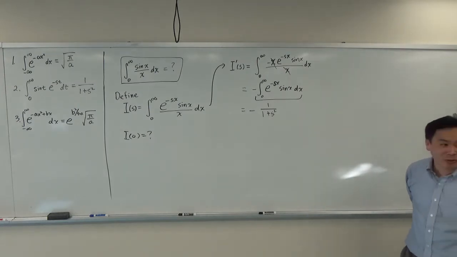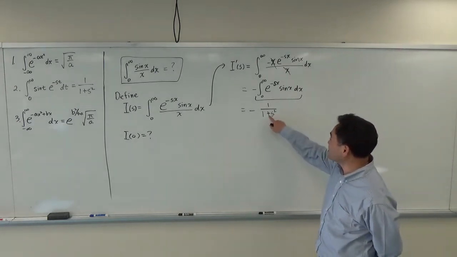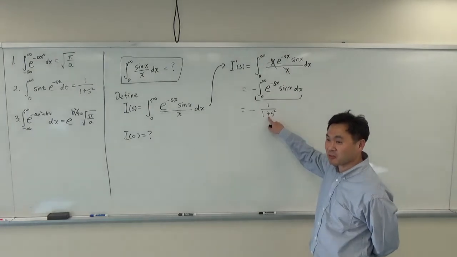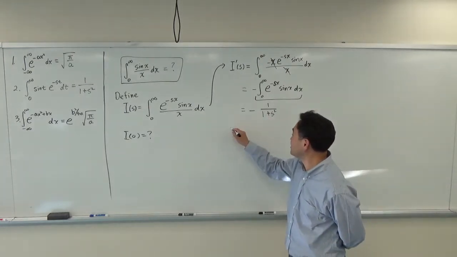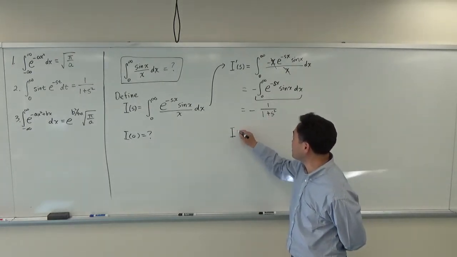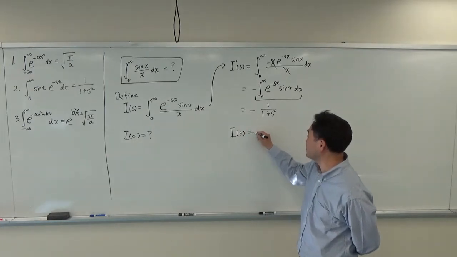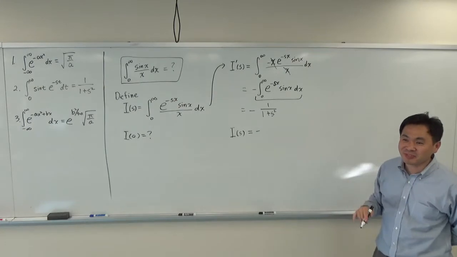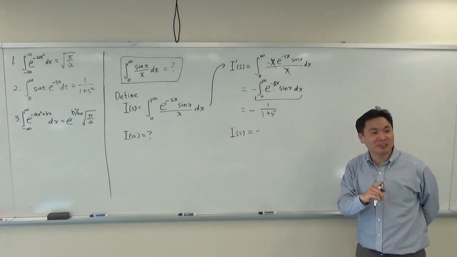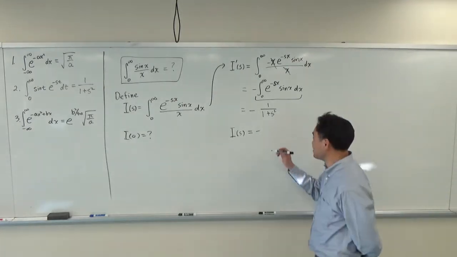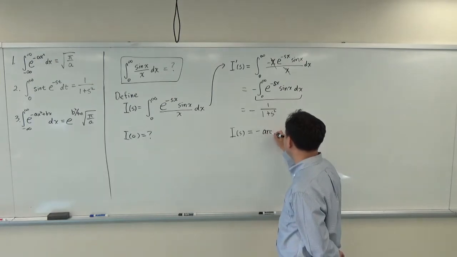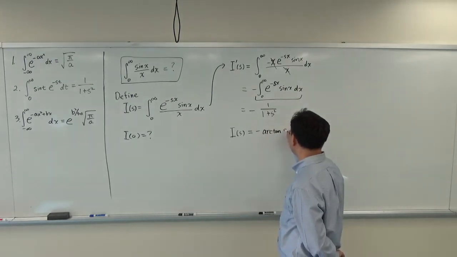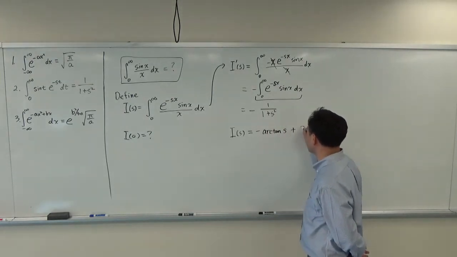So that's nice because I know the antiderivative of this. What's the antiderivative of this? Does anyone remember the antiderivative of 1 over 1 plus s squared? No? Tangent. Almost. Arctangent. Plus c.